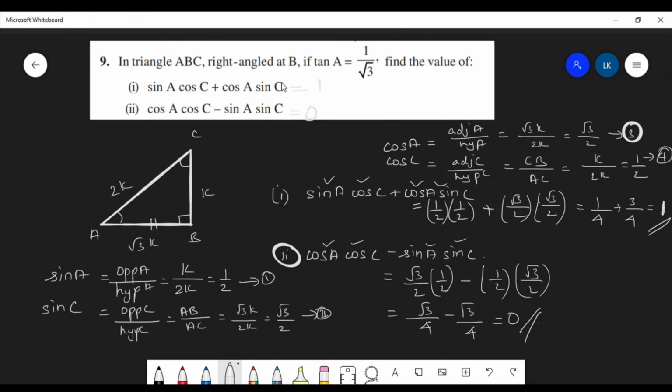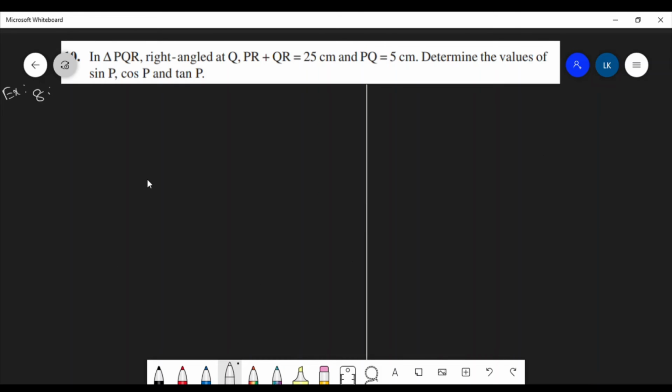Now we can solve problem number 10. Problem number 10. In triangle PQR, right angled at Q, PR plus QR is equal to 25 cm and PQ is equal to 5 cm. Determine the value of sin P, cos P and tan P. Okay.